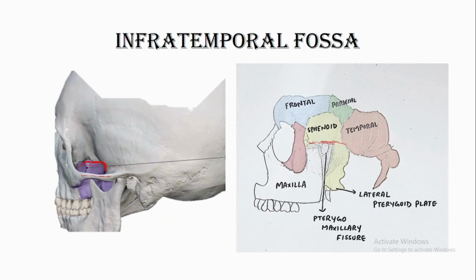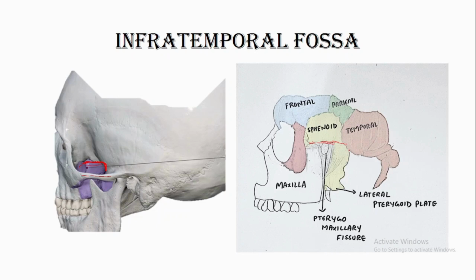So the roof is formed by the greater wing of sphenoid. In the roof of the infratemporal fossa, there are two foramina, the foramen ovale and foramen spinosum. We can see them clearly in norma basalis. Then the floor of the infratemporal fossa is open.